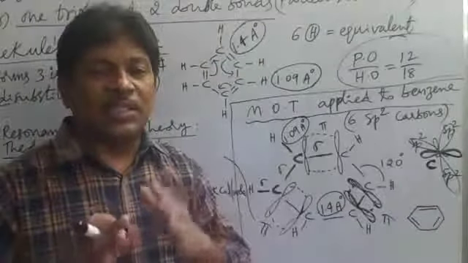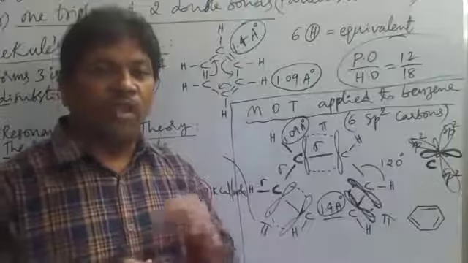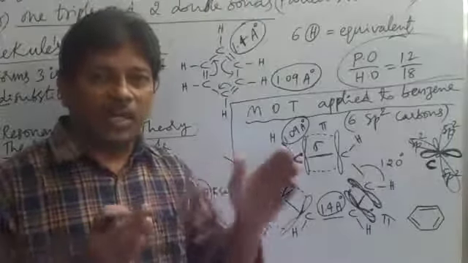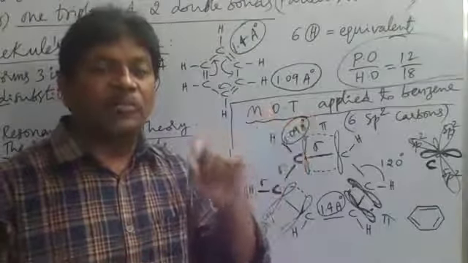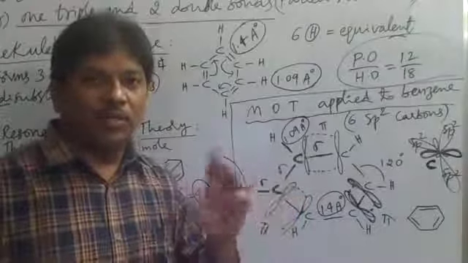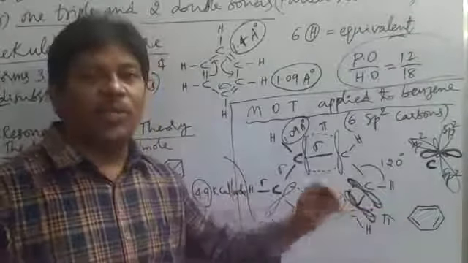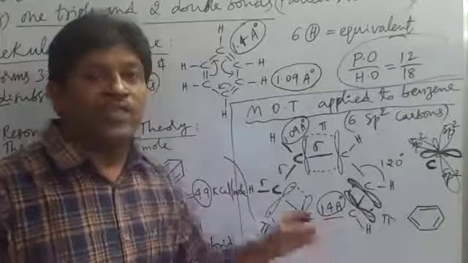Generally, the carbon-carbon single bond length is 1.54 angstroms, and the carbon-carbon double bond length is 1.34 angstroms. But here neither 1.34 nor 1.54 is observed; 1.4 is observed.